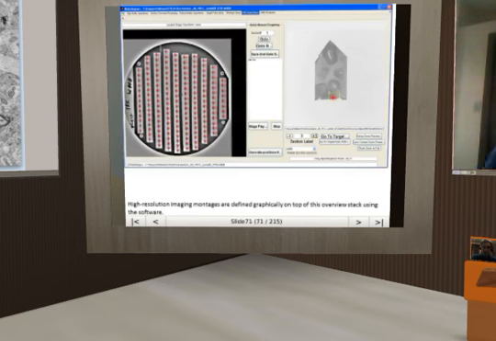You can zoom through the low-resolution overview, and then you can graphically define on top of this an area to do high-resolution imaging.